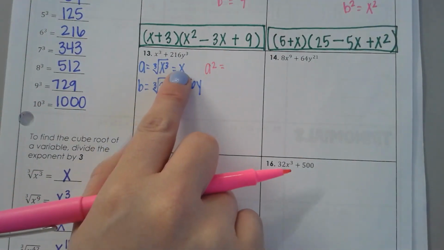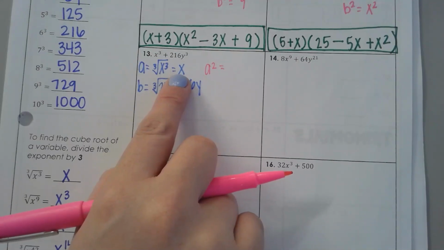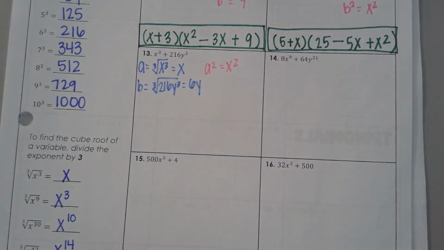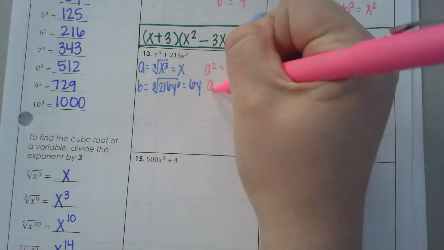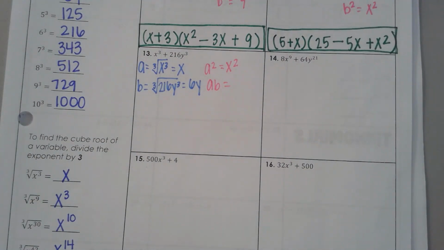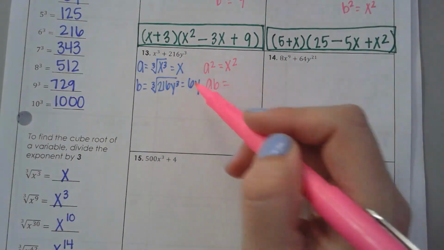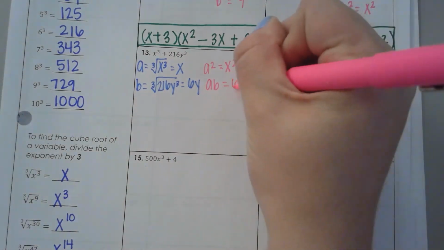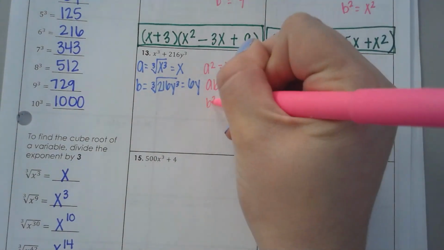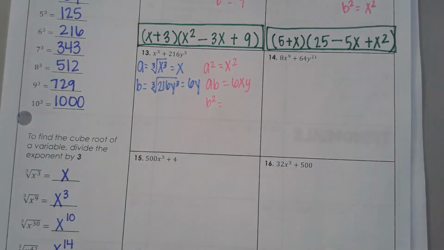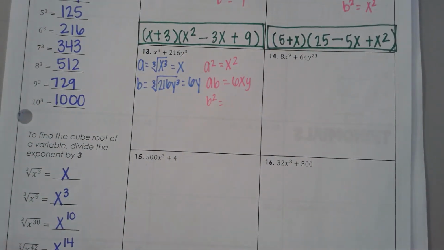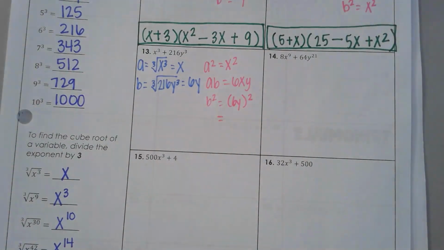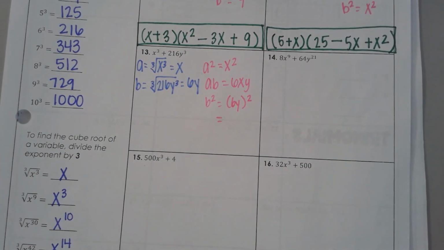So if I do a squared, that's x squared. AB, what do I get if I multiply these? 6xy. And then b squared. That's really 6y squared. So you have to square the 6 and you square the y.